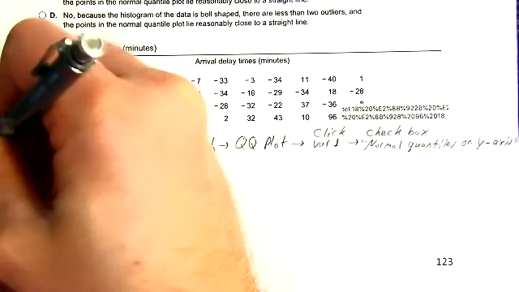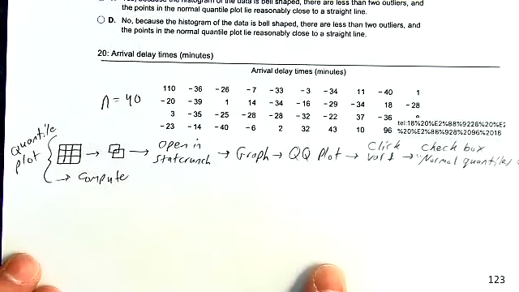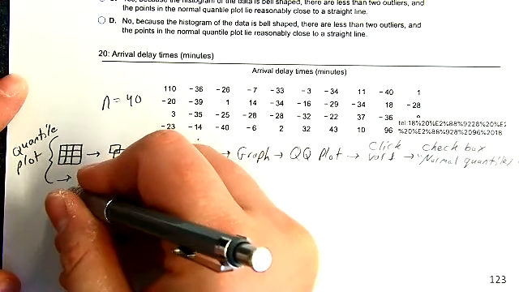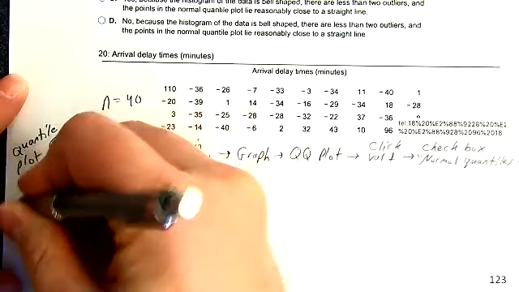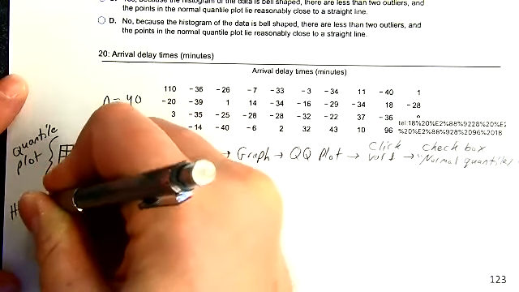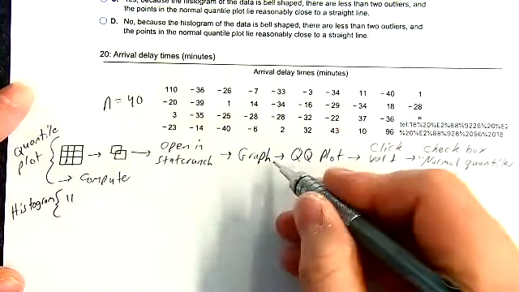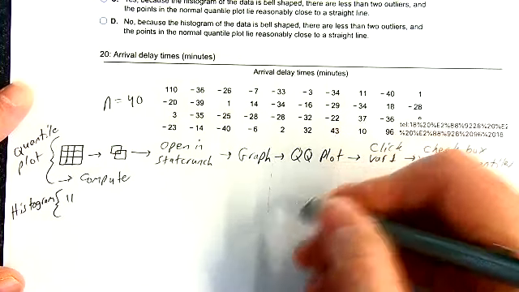Because you actually have to do two things here. You also have to make a histogram out of this data. So to make a histogram, you're going to follow these exact same steps up to the point of graph.